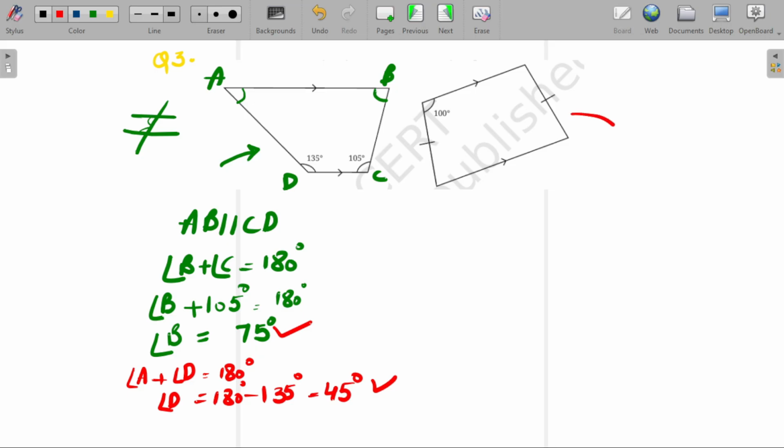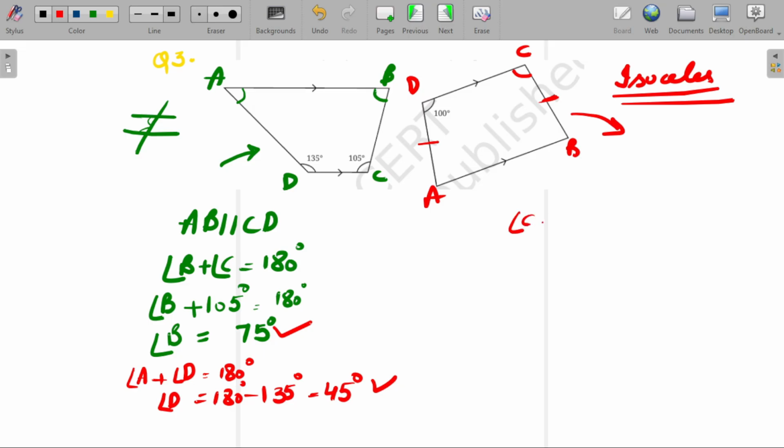And in this figure, you are given only one angle, but you are given another thing. Two sides are equal, and we are given an isosceles trapezium. So, accordingly, angle C and D both will be equal.